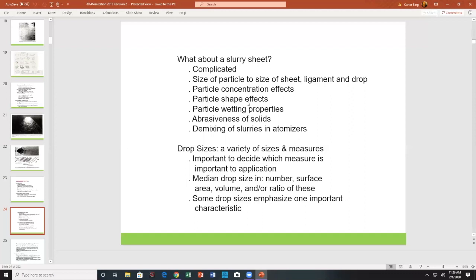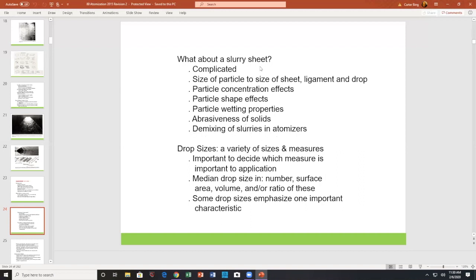Then you throw in edge effects or shape effects of the particle. Then you set in a variable on the wetting properties of the particle. And then what type of solid it is, whether it's an abrasive solid or a softer solid. You throw in the demixing of the slurries. Interesting.